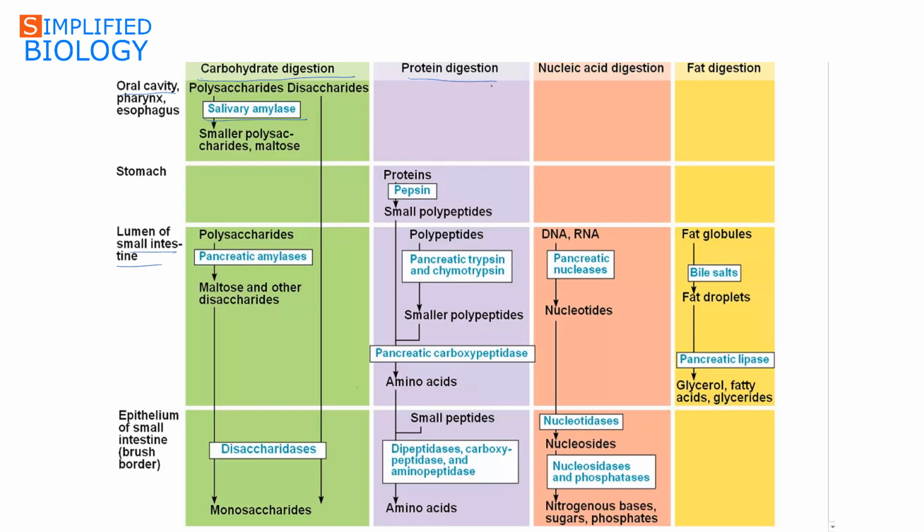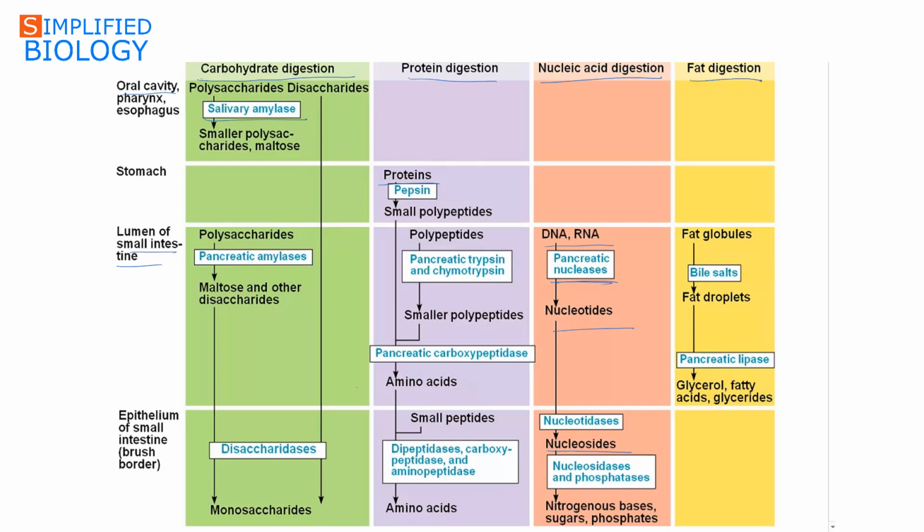Protein digestion starts in the stomach while it continues in the small intestine. Nucleic acid digestion takes place in the small intestine where DNA and RNA are broken down by nucleases to nucleotides and then to nucleosides. Finally, the nitrogenous bases, sugar and phosphate.